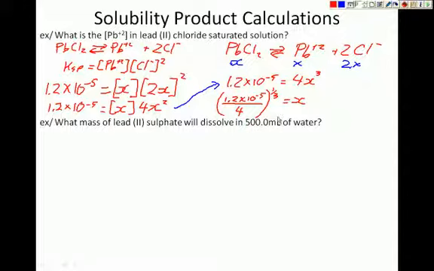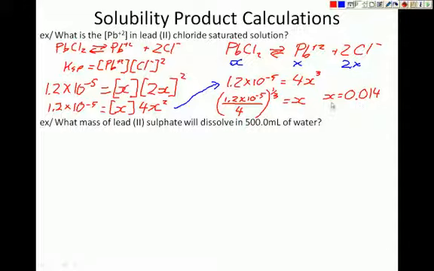I've already done this calculation, and x equals 0.014, with 2 sig figs here.